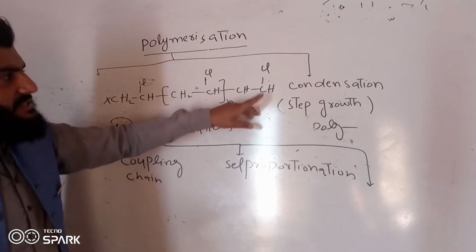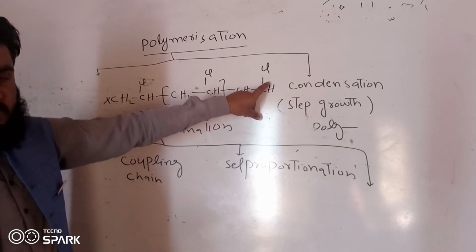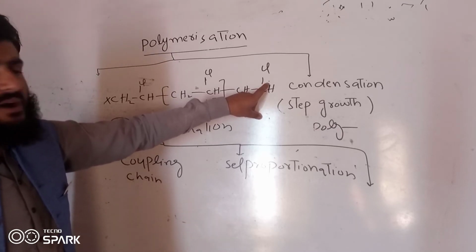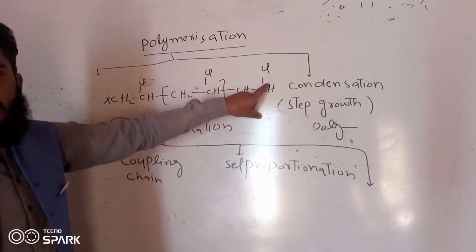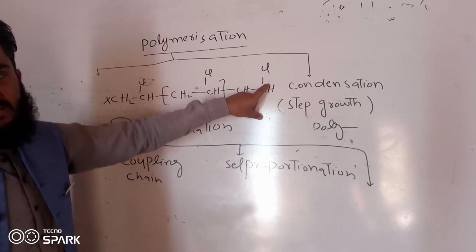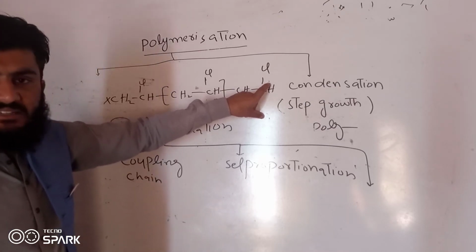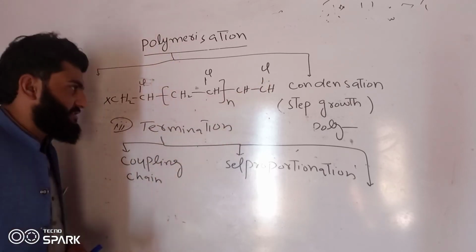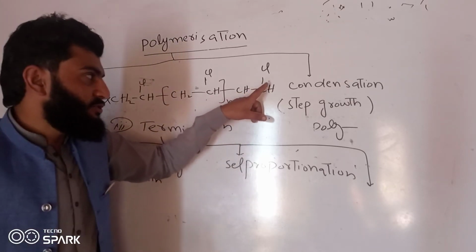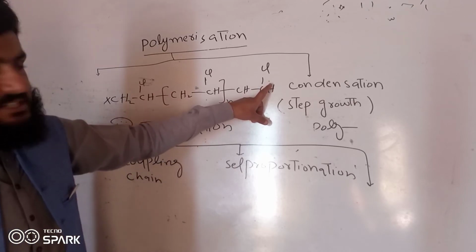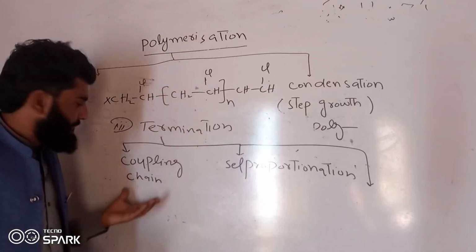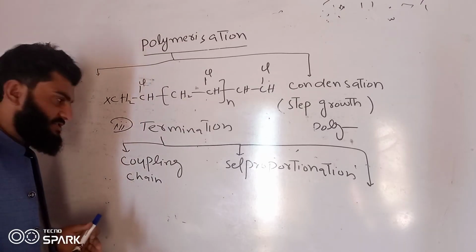So this is a free radical, an electron which is more reactive, and I want to finish its reactivity. The process in which this electron is inactivated is known as termination. So now I want to inactivate this electron by what? By coupling of the chain.